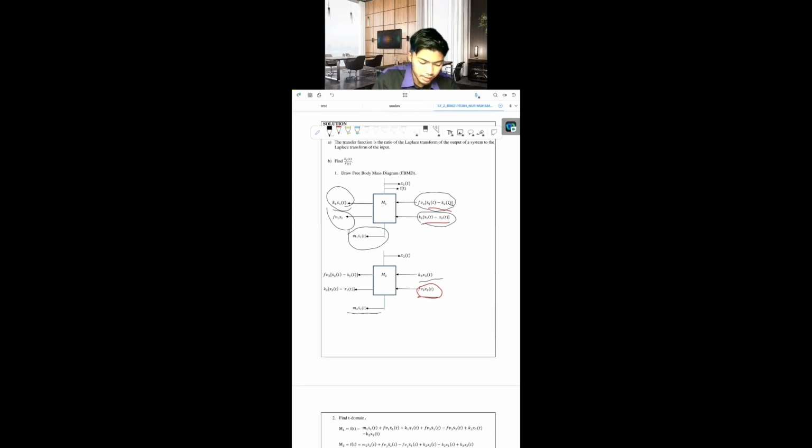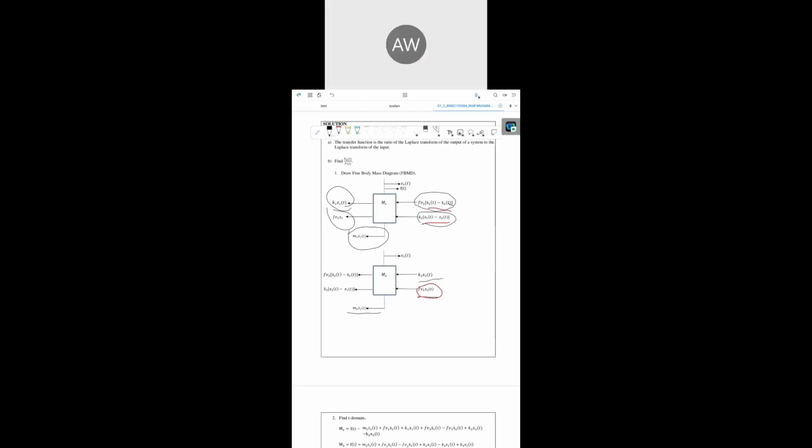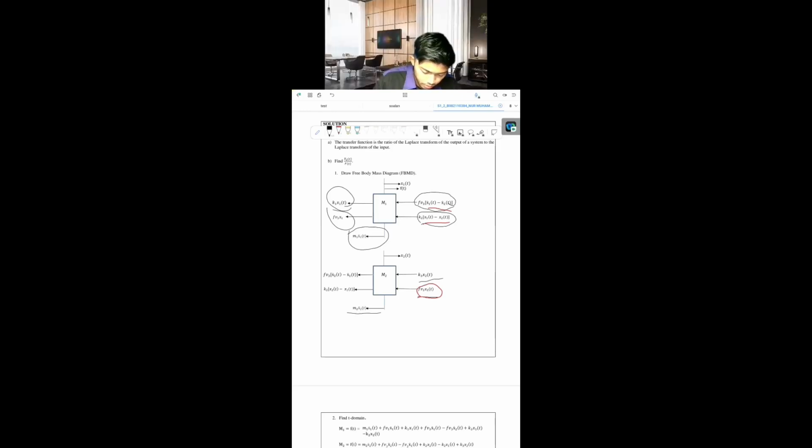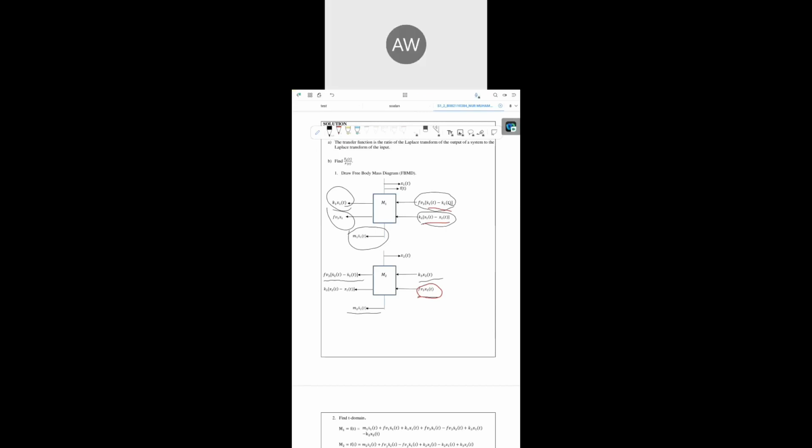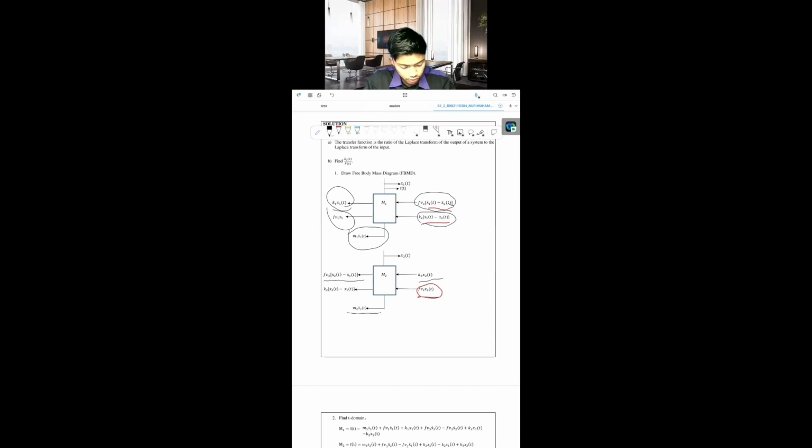And spring dengan damper kat tengah, macam yang M1. Tapi yang lainnya, untuk damper ni kita tolak X2 tolak X1. So it's the same thing for spring at M2, which is X2 minus X1. Okay, that's for our first step.